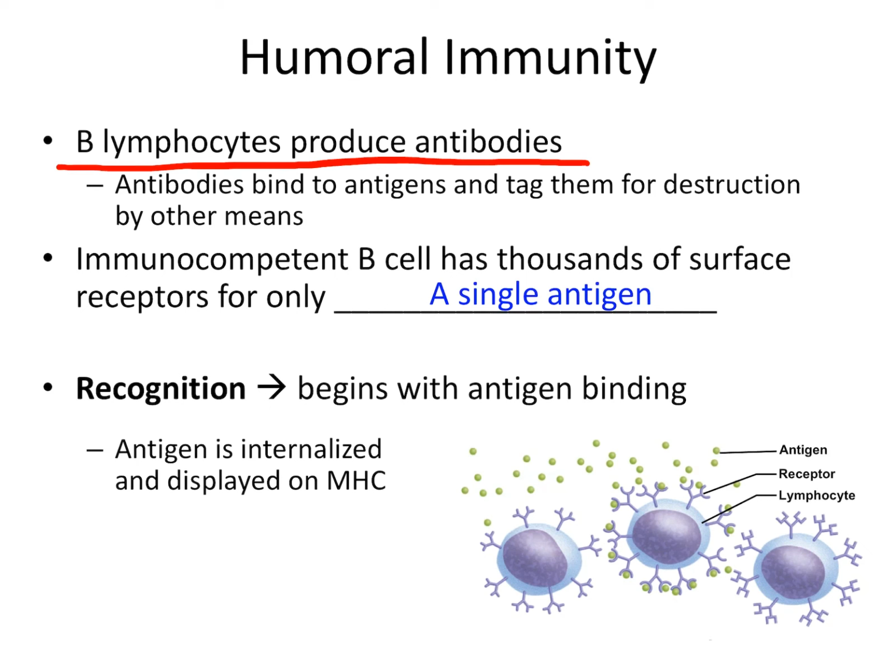Recognition in this case is going to begin when an antigen binds to one of these antibodies that are present on the surface of a B cell. Now, when the antigen binds to these antibodies, it's going to be internalized and then redisplayed on the surface of that B cell on an MHC protein.